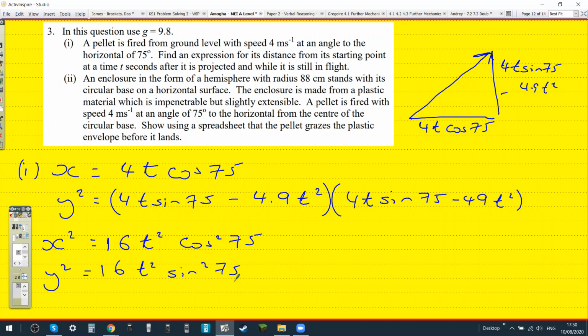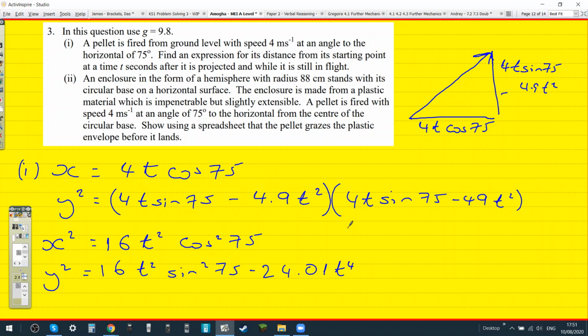Minus 24.01 t to the power 4. And don't forget the middle bit, 2 times 2AB.